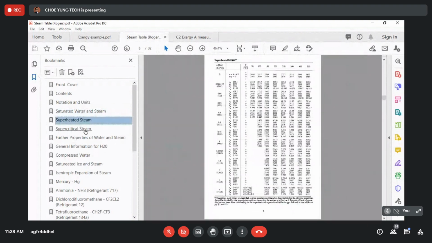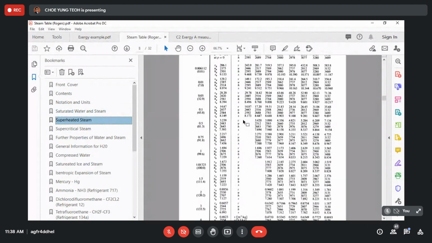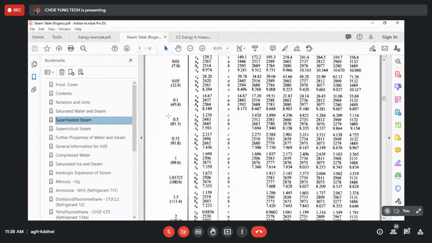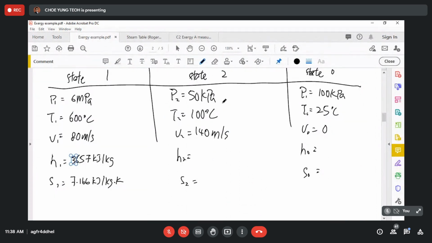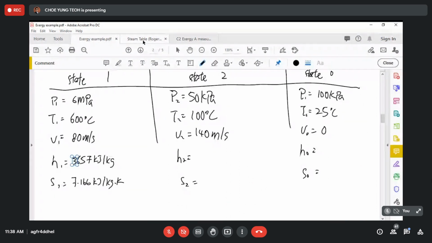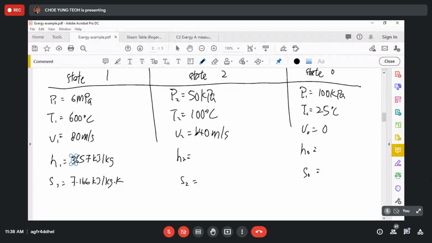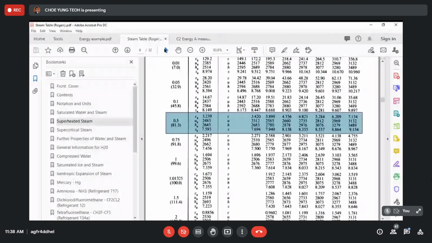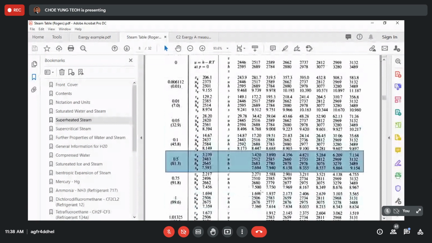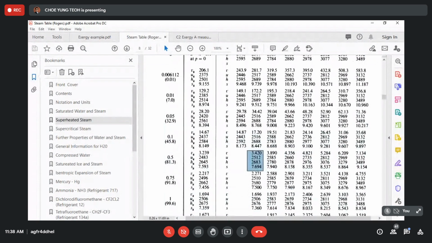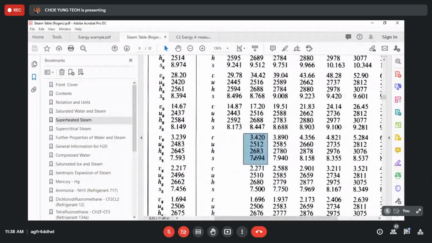So we go to the superheated steam table and find 0.5 bar, which is 50 kilopascal. Then 100 degrees Celsius is over here. So we get H2 as 2683 and S2 as 7.694.